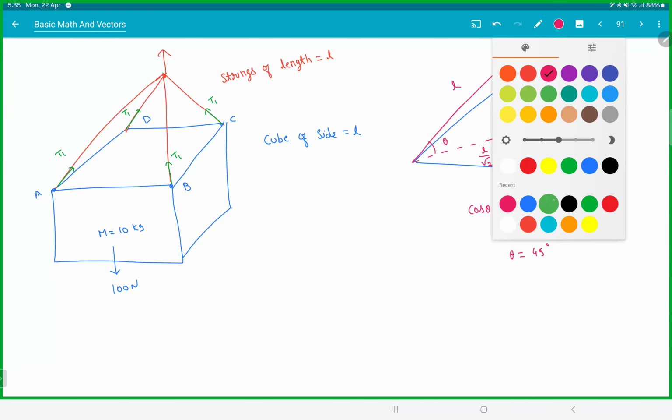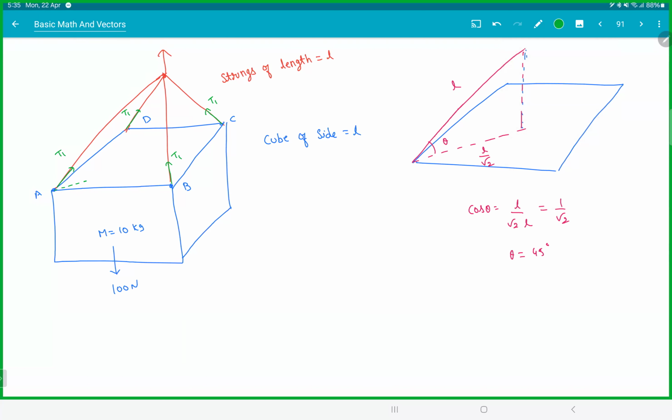If that is 45 degrees, now if you take the components, the horizontal component will be T1 cos 45 and the vertical component will be T1 sin 45. Similarly, there are four T1 cos 45s pointing toward the center, and four T1 sin 45s pointing upward.